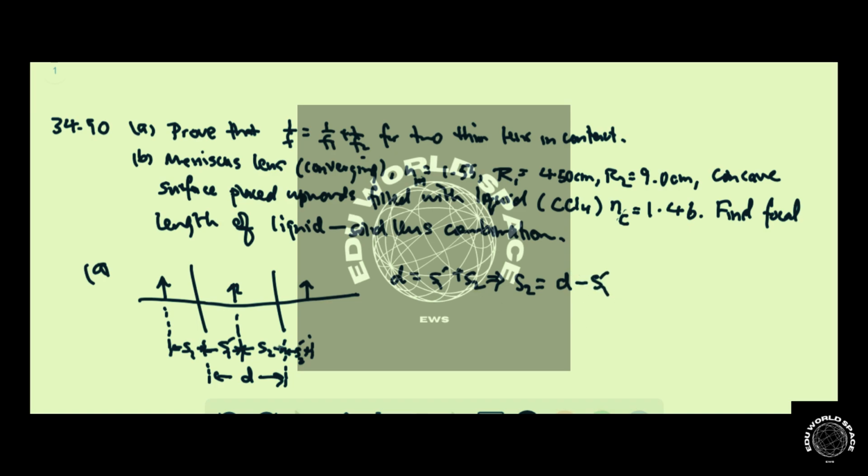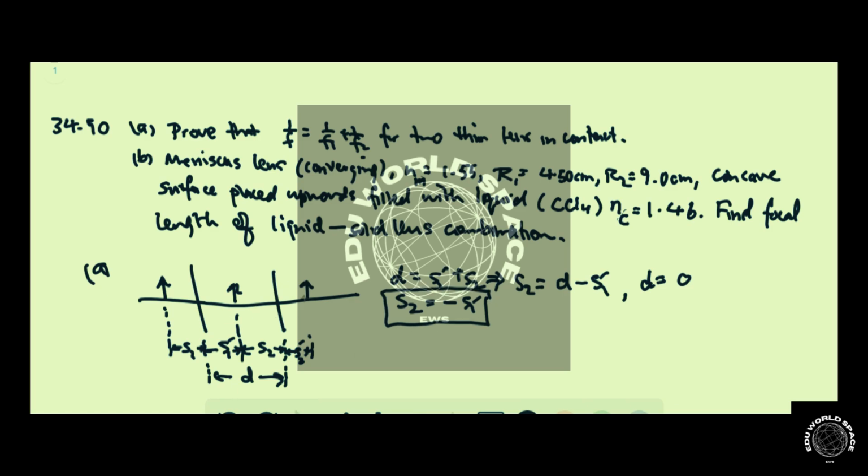So the object for the second lens, S2, is the distance of separation between the two lenses minus the image formed by the first lens. Now we're told in this problem that the two lenses are in contact. So D is 0. Therefore, in this particular case, S2 is minus S1 prime. And this is an important result to keep in mind.